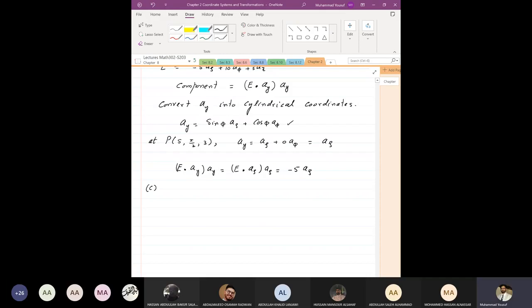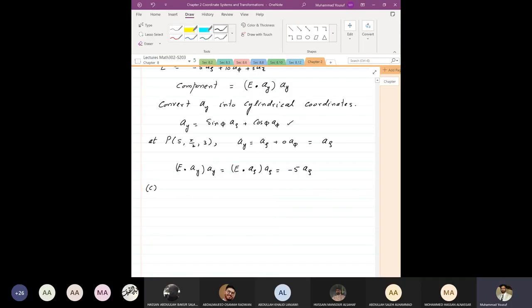A sub Z, or this one, let me write. This is a unit vector normal to the XY plane, and before we were using K hat, perpendicular to the surface. So the Z-axis is normal to the surface at Z equal to 3.